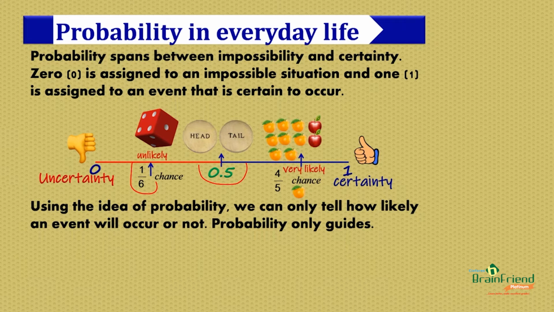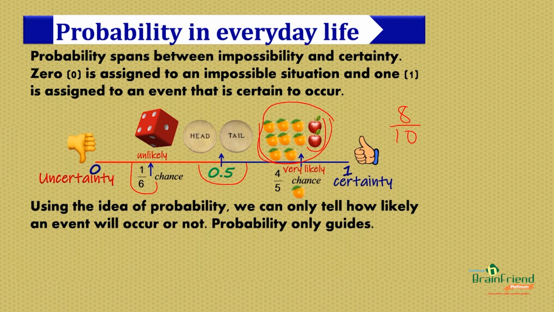Now, in a situation where we have 10 fruits, as you can see, and 8 of these fruits are oranges, while 2 are apples, you realize that the likelihood of picking an orange among these 10 fruits is 8/10.